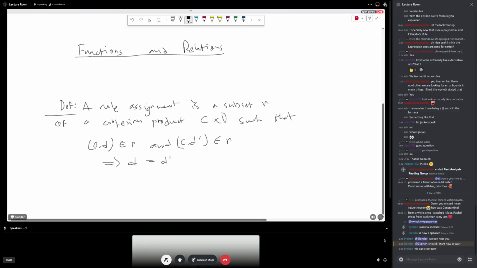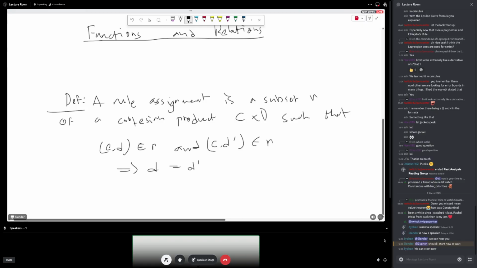Then this is what we call a rule of assignment. Basically the first item of the pair needs to be the same c.